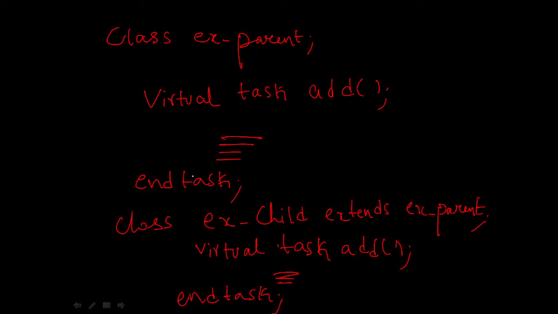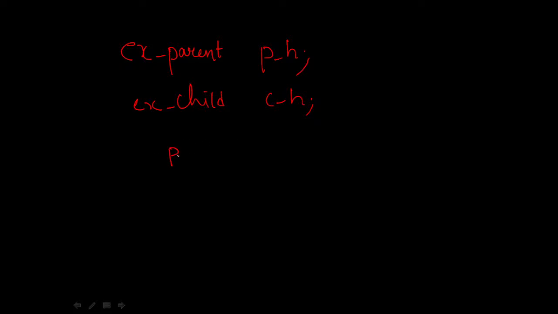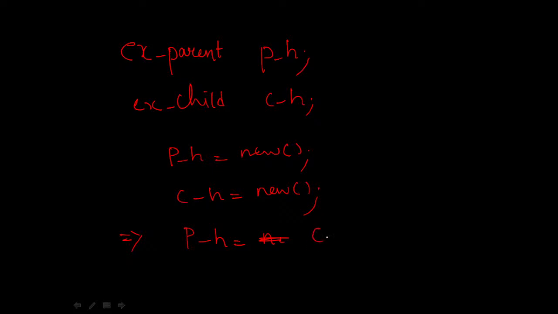Now let us create the handles: ex_parent p_h, and ex_child c_h. And let us create the objects: p_h is equal to new, and c_h is equal to new. Now I will assign p_h is equal to c_h.